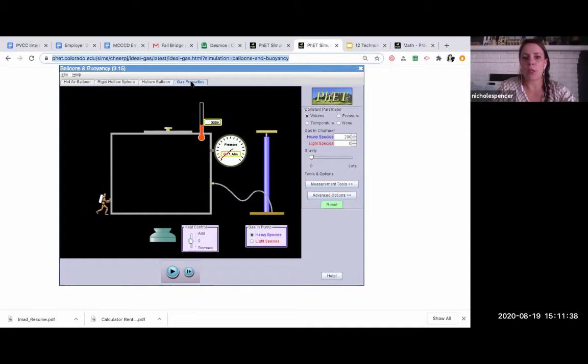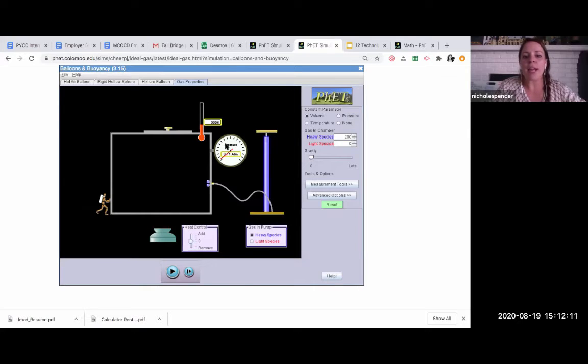So what you'll want to do is click on gas properties, make volume a constant, and then my task to you is to put in 200 heavy species, and you can press the play button. And the variable I want you to change is the temperature. So you can add temperature, really you're adding energy in the process of heating, or removing, you can do that.